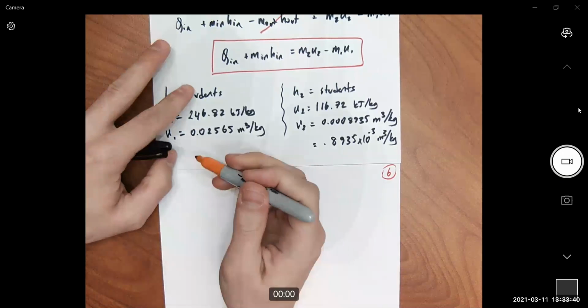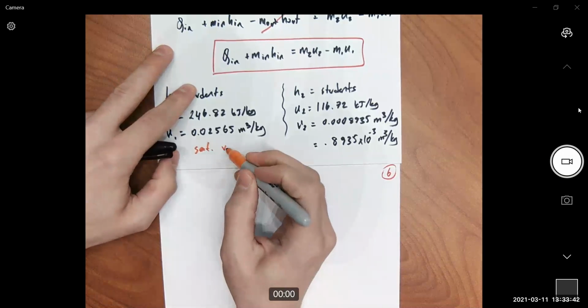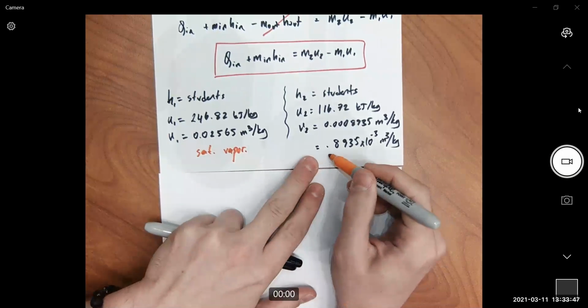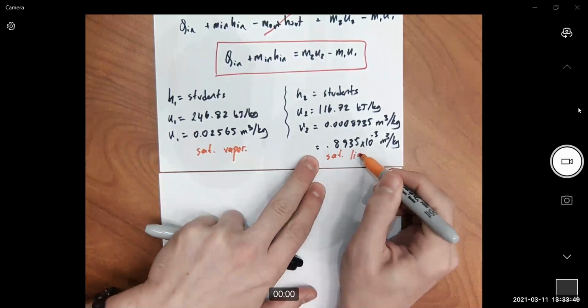Remember, this is saturated water, right? And I know this is saturated liquid.